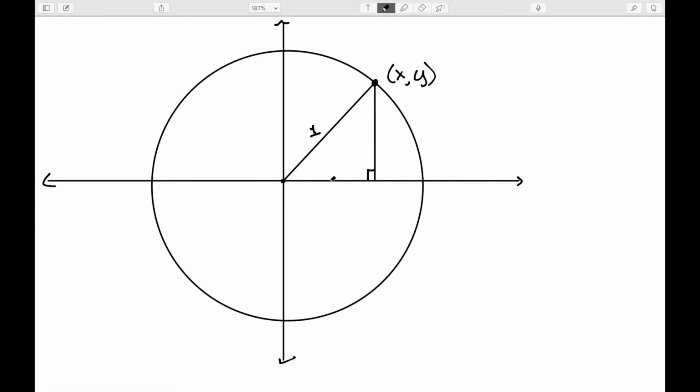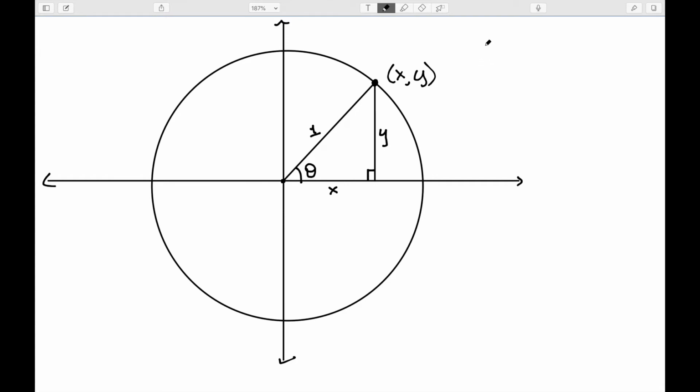So x is the horizontal direction. That's just the length of this side of the triangle. Y is the vertical direction of this point, which is the length of this side of the triangle. And we call this central angle here theta.